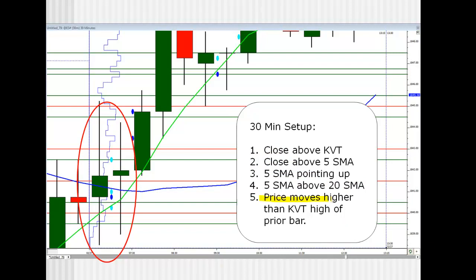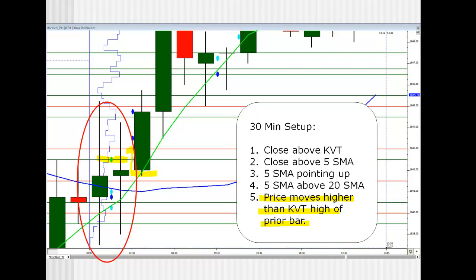Prices need to move higher than the KVT high of the prior bar. Now let me explain what this is. This was the highest KVT level on this bar. What I want for assurance, not necessarily that I'm going to make a higher high up here, is to make sure that when this bar opens, prices continue to push higher than this highest KVT on the bar.